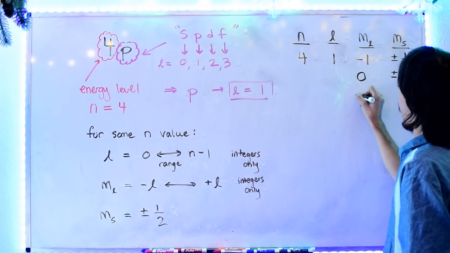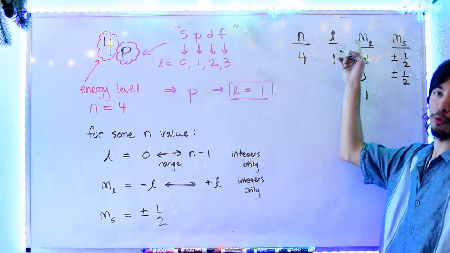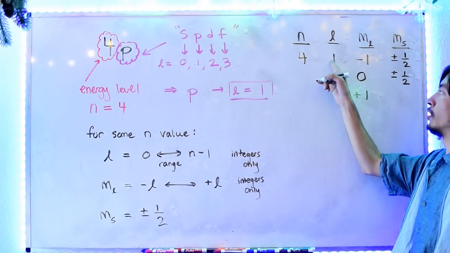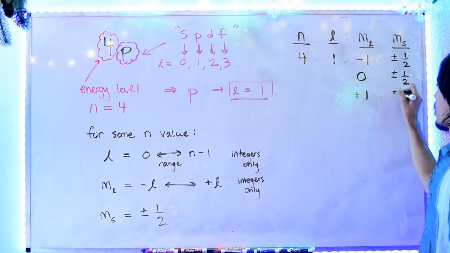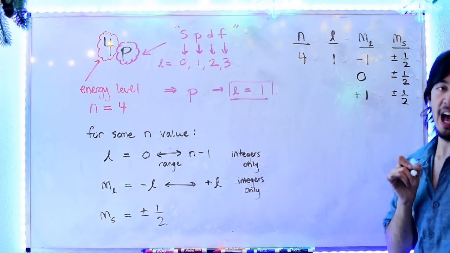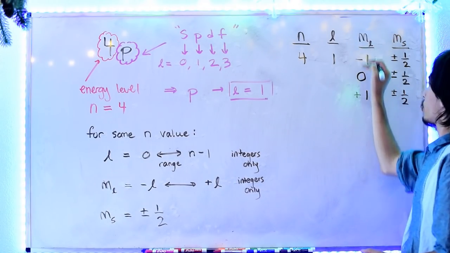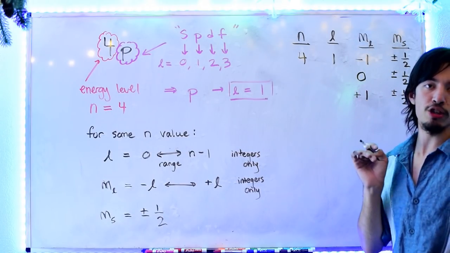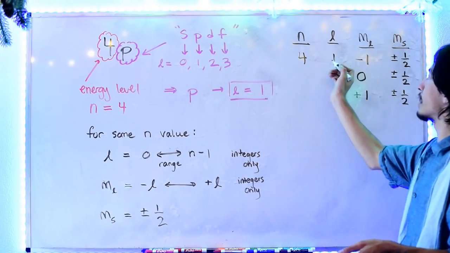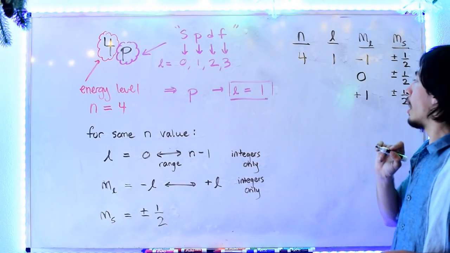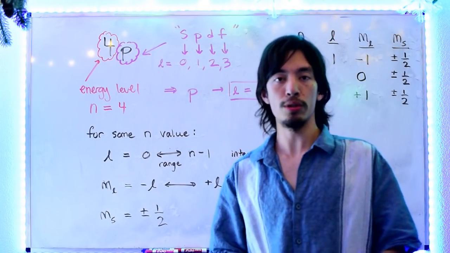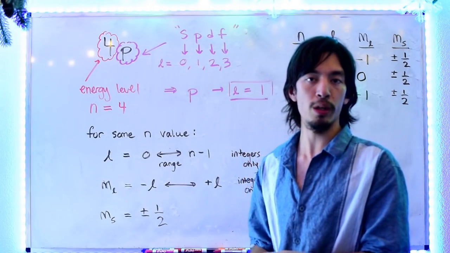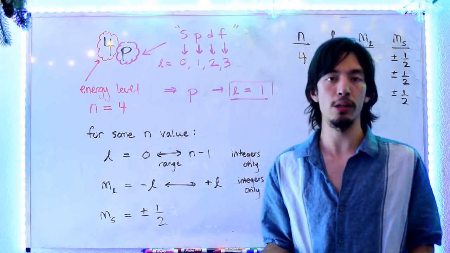And finally, I can have positive 1 for m sub L, because it can go to positive 1 as it could go to negative 1. And also I'll have plus or minus a half on that too. And those are all the possible combinations that you can use for m sub L, given that this is your L value. I could make the problem so that I could consider also L equals 0 if I wanted to, but in this problem we're only considering L equals 1.